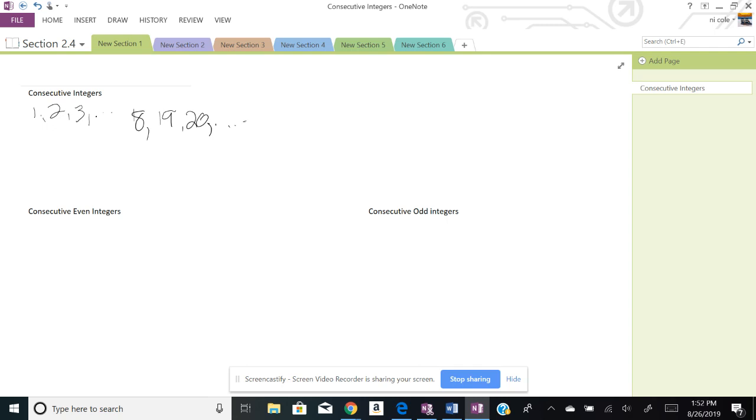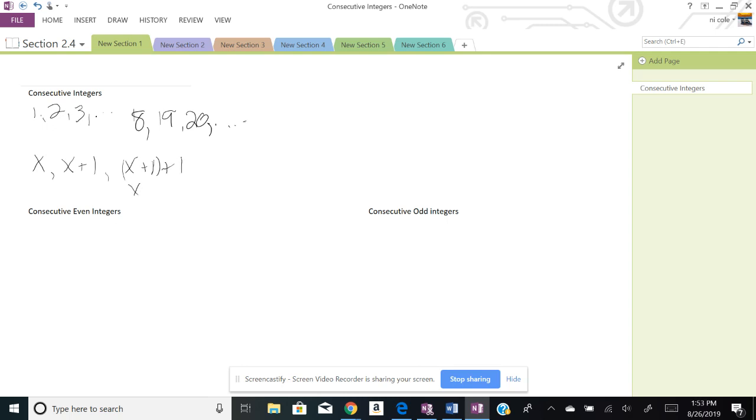But what if I don't know what my first number is? Well, my first number would be x. The second number is what we would call x plus 1, because with each of those, you're just adding 1. The third one would be x plus 1 plus 1.